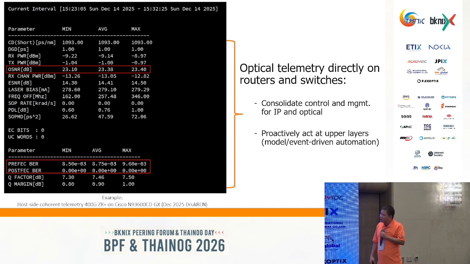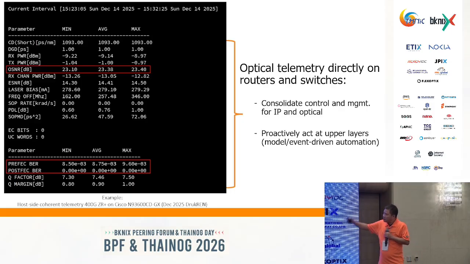What that means for IP folks is this is the visibility we now get on our routers and switches. In the old days, with our typical multi-layer topology, we didn't have visibility of what's happening on the optical side. Until things fail, my IP side doesn't pick it up, but these are now things that I directly see on my routers and switches, which means, as an IP guy, I am able to react a bit quicker before things fail.